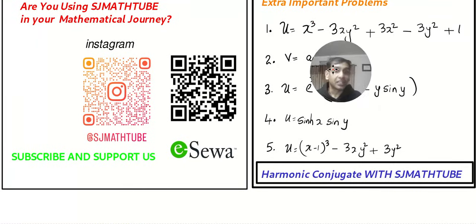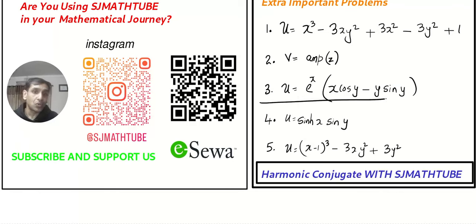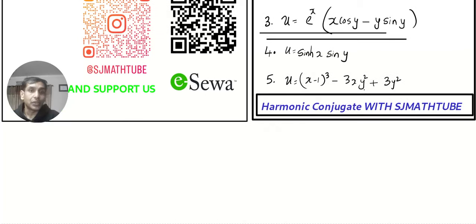And that is a very long one. So we have the function u is equal to e power x times (x cos y minus y sin y). We'll jump directly to the differentiation part because many students struggle with the differentiation part for this problem. So I'm going to color it because I'm planning to apply the product rule.